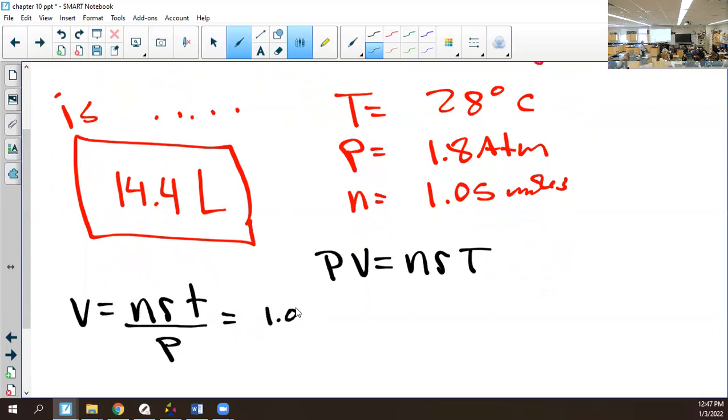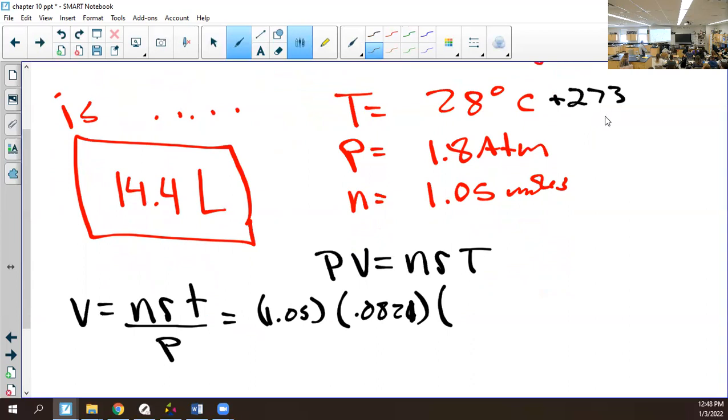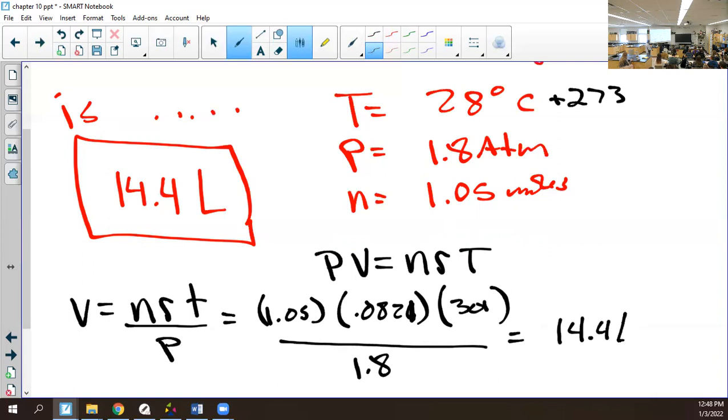N was 1.05. R is 0.0821. And temperature was this number plus 273, 273.15 technically. Is that 301? And then I divide that by the pressure, which was 1.8. Good? Okay.